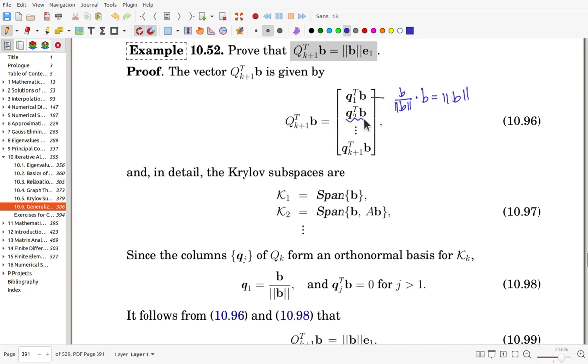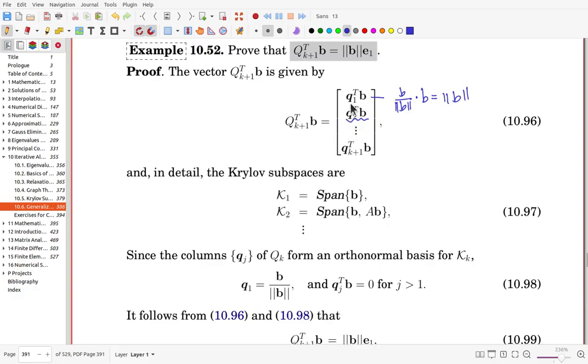Now from the second one, Q2 is orthogonal to B, because they are orthogonal to each other. Q1 is orthogonal to Q2, and everything over there is orthogonal to each other.